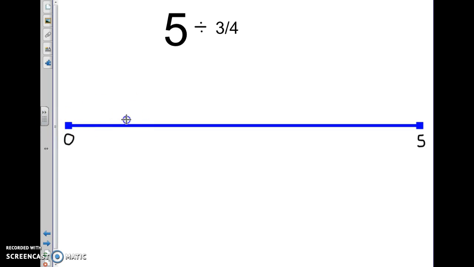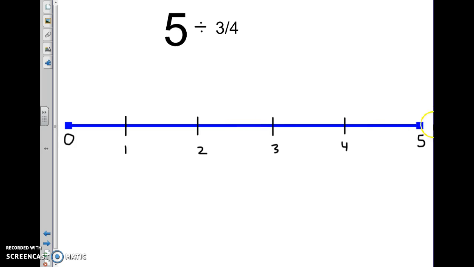So 0, 1, 2, 3, 4. I'm going to try to space them out somewhat evenly. It doesn't have to be perfect, but I'm going to try to make it pretty even. Now I'm just going to number these: 1, 2, 3, 4, 5, right? Okay, so that's my dividend.